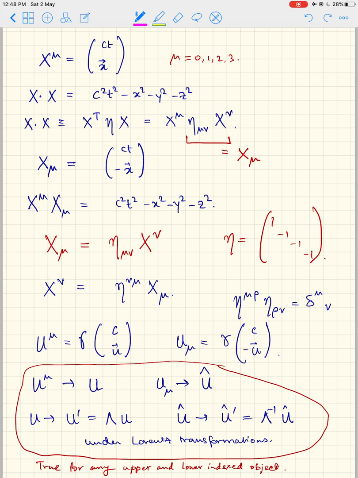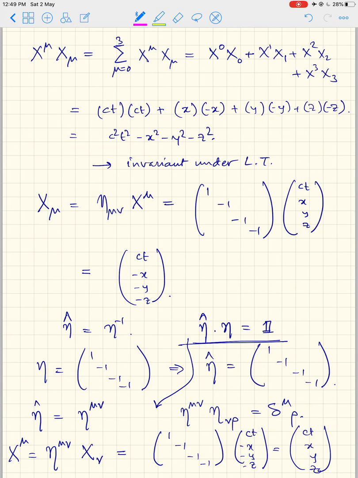So under a Lorentz transformation, this is something that we have seen. A 4 vector actually goes to lambda times U. U prime is lambda times U. Now, these had indices upstairs, so this goes as this. If it had an index downstairs, it will actually go as inverse of lambda.